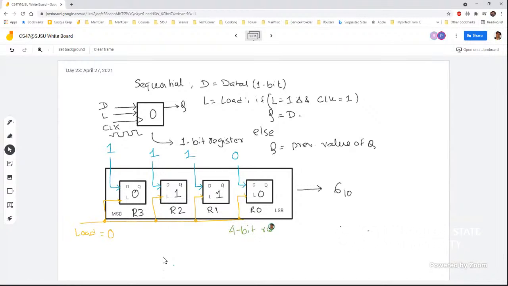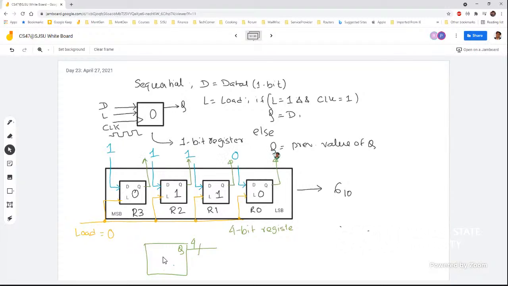And this has a Q of 4-bit output, so you can imagine this is all going out of this component.